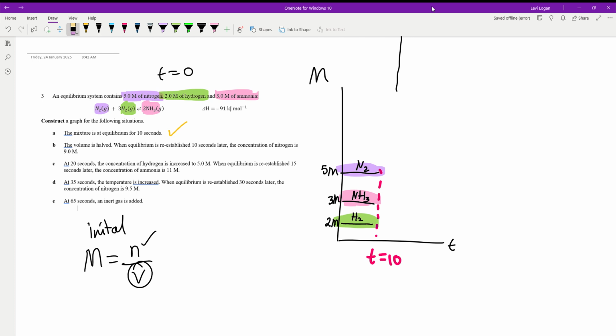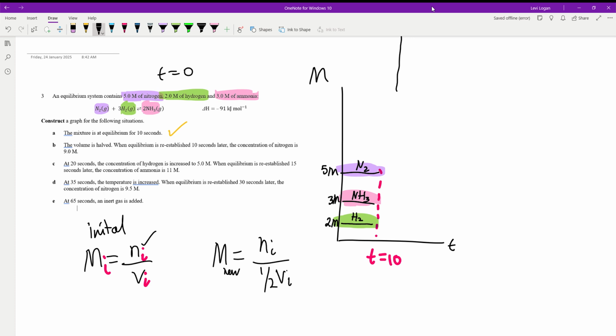So what we have to do is label this. Let's say this is constant. We'll go initial, this is initial, and this is initial. Now, the new molarity is going to be the initial moles over half the initial volume.